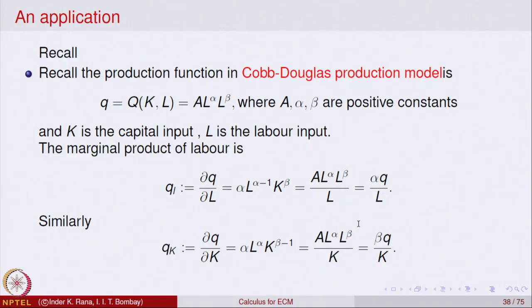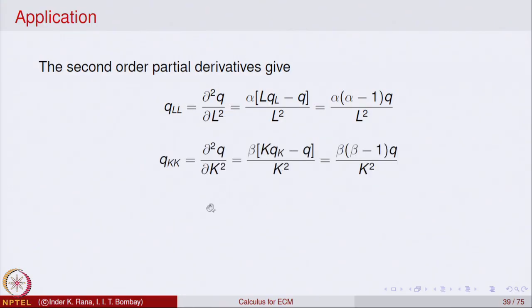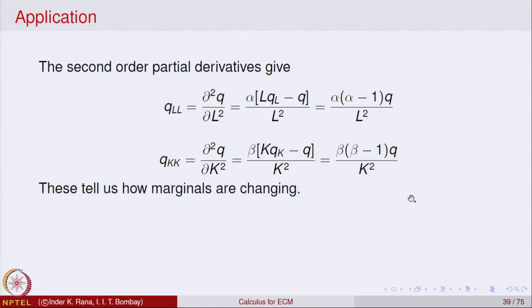So, K square in the denominator, the numerator will be beta times K into the derivative of Q with respect to K, minus Q times the derivative of K, that is 1. So, that gives us the second expression, namely the second order partial derivative of Q with respect to K is beta into beta minus 1 divided by K square into Q. So, these two expressions are the derivatives of the marginals.